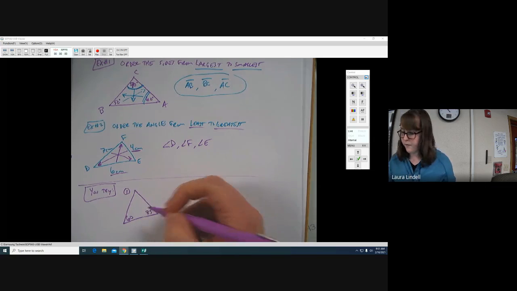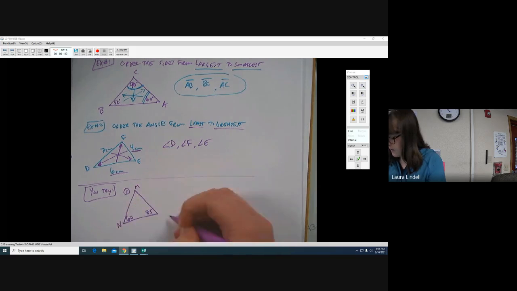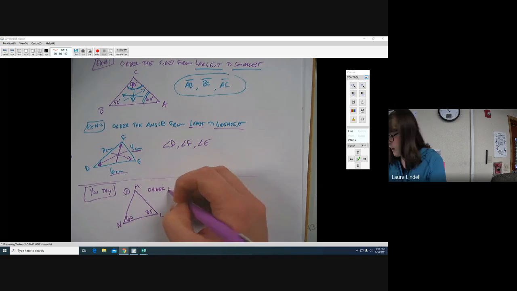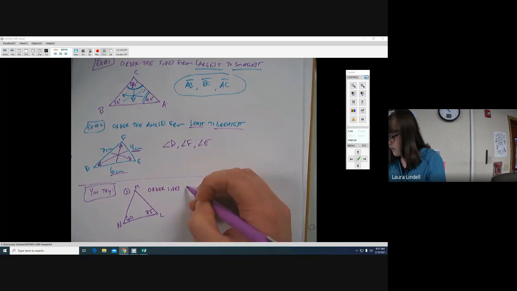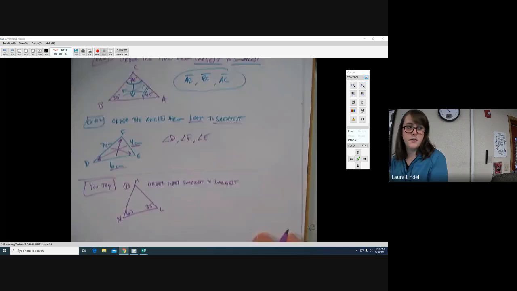And we're going to order sides smallest to largest. There's your first one.